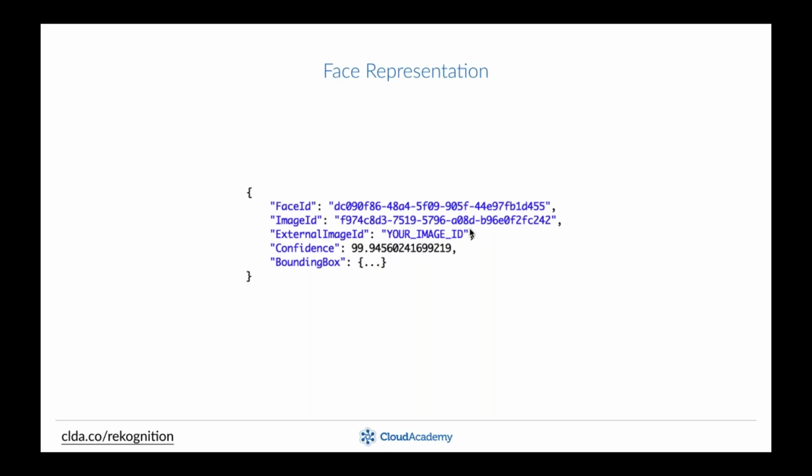So if you build a collection of faces, they will only store this kind of face representation. So it's an ID, an image ID, and external image ID, together with how confident they are with the face detection and where the face was detected in the original image, so the bounding box. This is everything that will be stored.